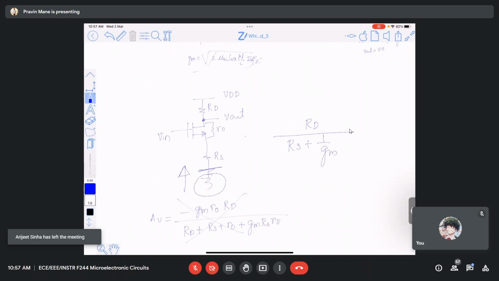And it is a common source amplifier, so I should put a minus sign. Now suppose I take the output from this point instead. The resistance connected at the output terminal is RS, divided by resistance seen through the source terminal, which is RS plus 1 by GM.